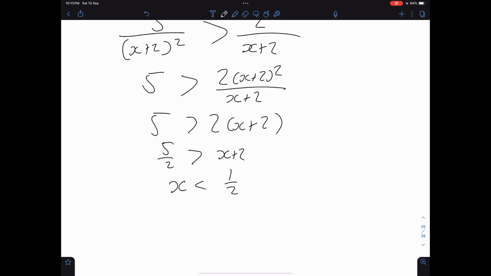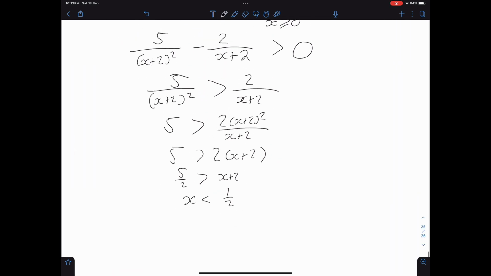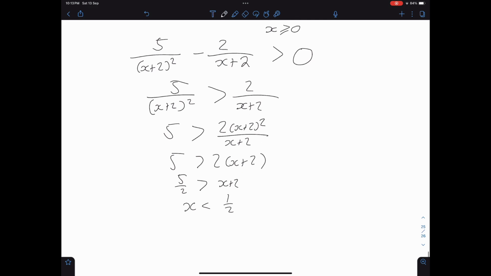So when x is less than a half, it'll be an increasing function, but when it's greater than a half, it'll be a decreasing function. So it's actually neither increasing nor decreasing.